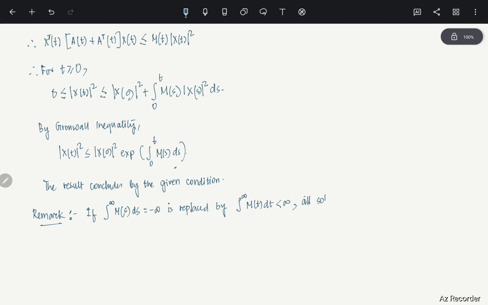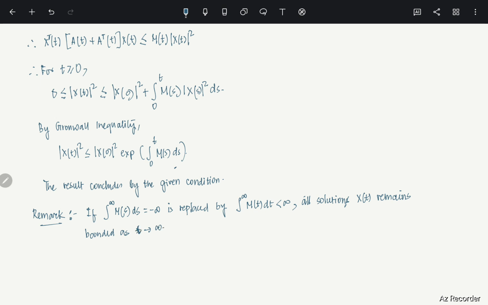All solutions x(t) remain bounded as t tends to infinity. Is this okay?